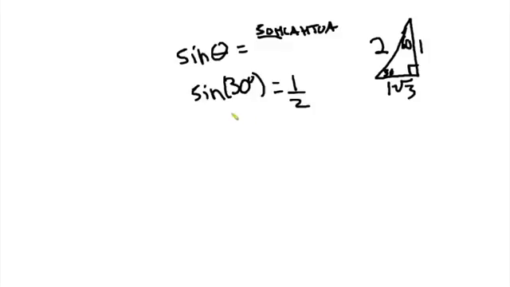Alternatively, you can just plug sine of 30 degrees into your calculator. And you have to make sure your calculator is in degrees and not radians. So, that's what a typical problem might look like.